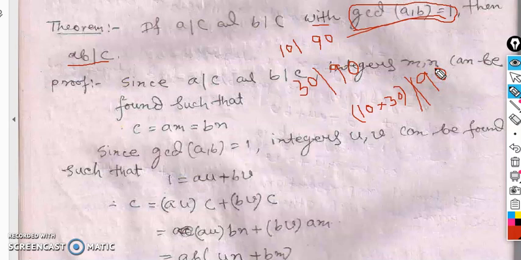It's a greater number than 90. So what is the error of this particular example? The error is that here we are missing the concept that GCD of A, B should be 1.